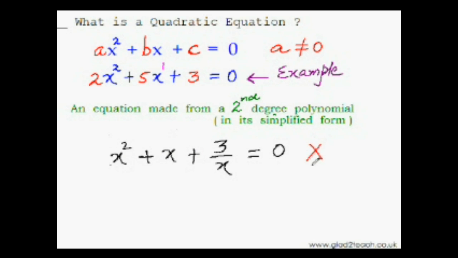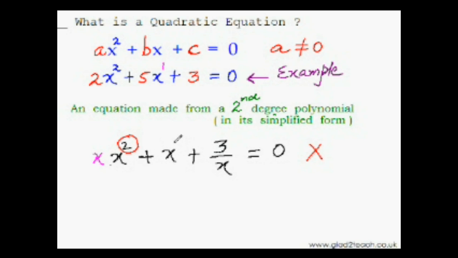This one is not a quadratic equation, though it deceptively looks as if it is a quadratic equation because of the second degree. But then if you read the fine print in its simplified form. Let's simplify this equation further by getting rid of this denominator x, and you know how it's done. Multiply both sides of this equation by x.